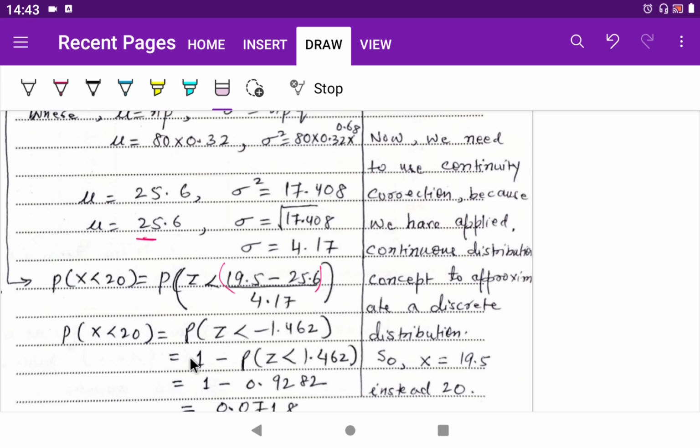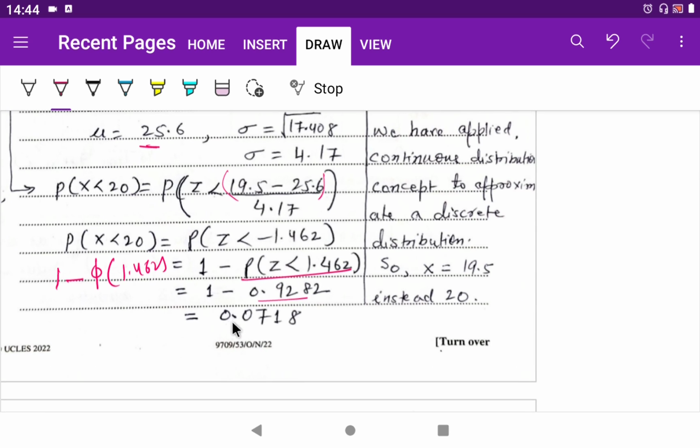This can also be written as 1 minus P z less than 1.462, which we can also write as 1 minus phi 1.462, and the value of this we write here from the table of the normal distribution. So finally the answer will be 0.0718.